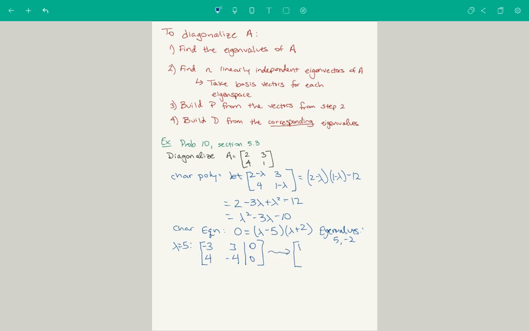This would become 1, -1, 0, and 0, 0, 0. So then our eigenspace is going to be the null space that corresponds to this system. If we look at all the solutions of this homogeneous system, x1 equals x2, and x2 is a free variable, so it also equals x2. So this is going to become x2 times the vector 1, 1.